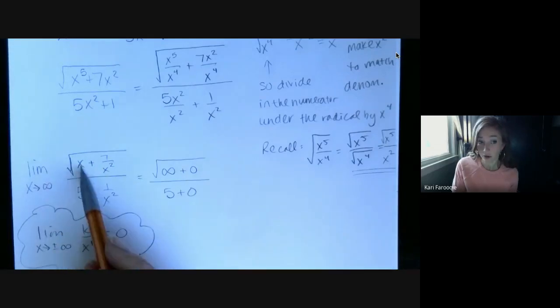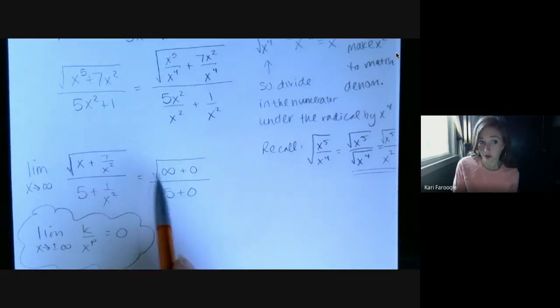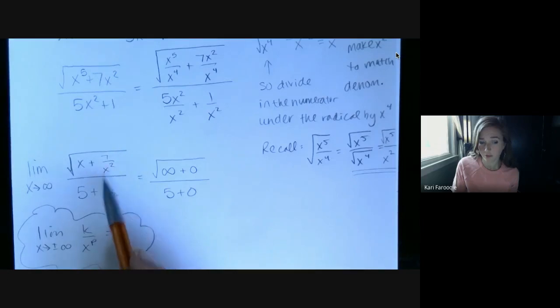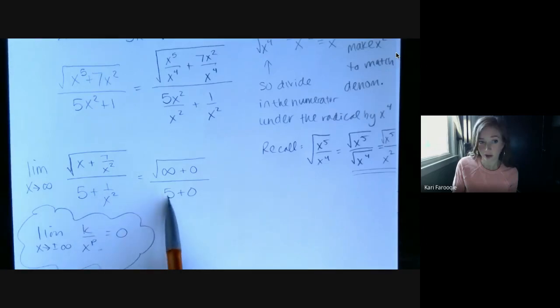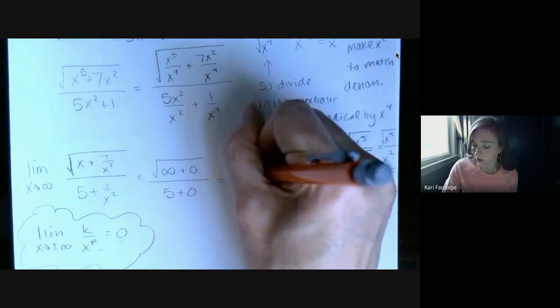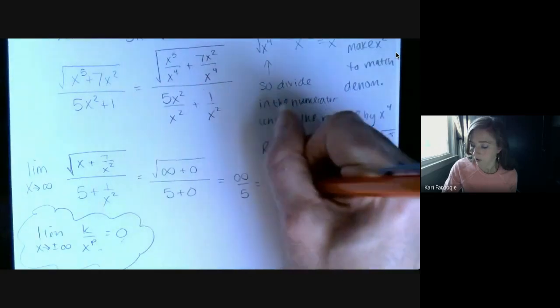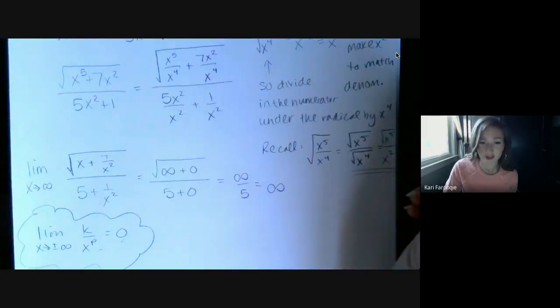Just pop that infinity in wherever you see x. For the second term, you're just using this rule. In the denominator, the limit of 5 is 5. And then in the second term, again, you're using this rule of k over x to the p. The square root of infinity is still infinity. Infinity divided by 5 is still infinity.